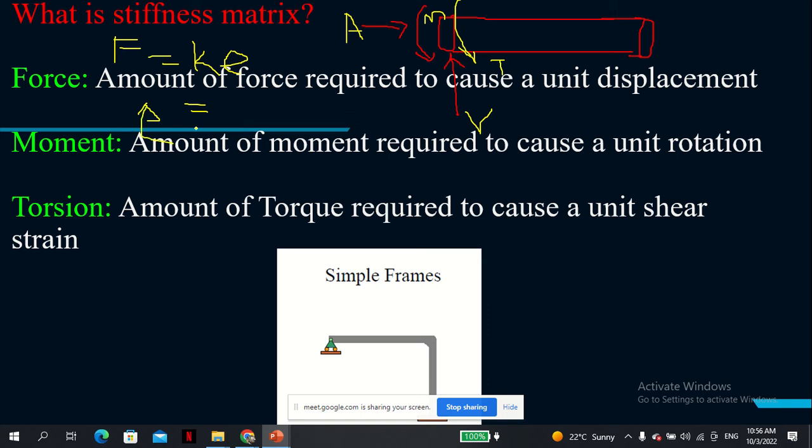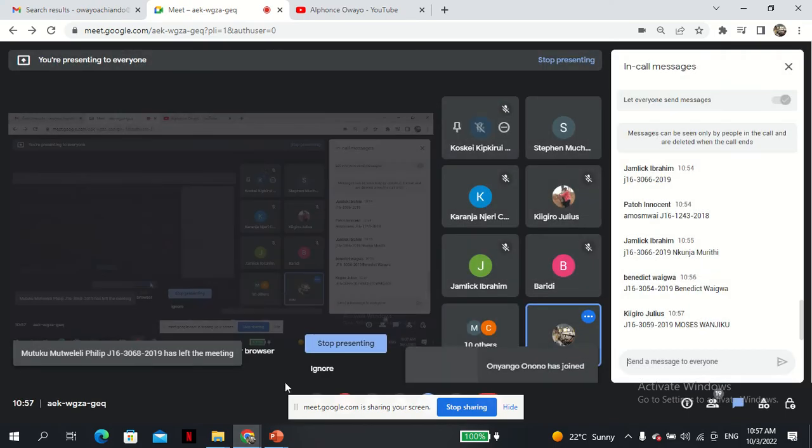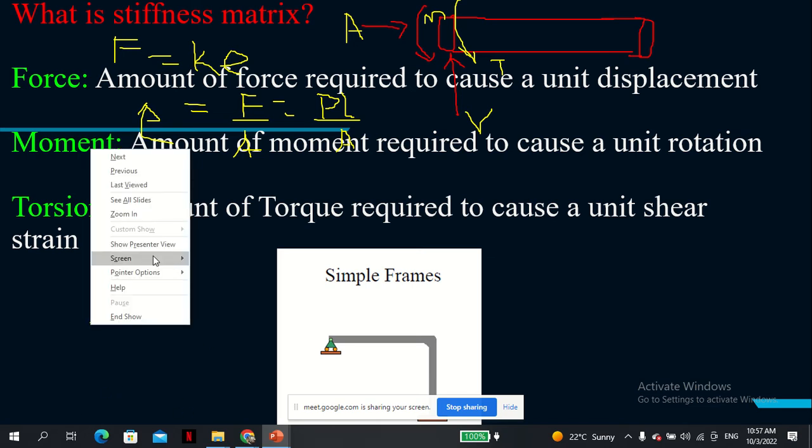Extension, or e, would be F over A, and this one is EL, is PL over A. If you remember, PL over A. I'm not sure this is the correct one. Let's see.